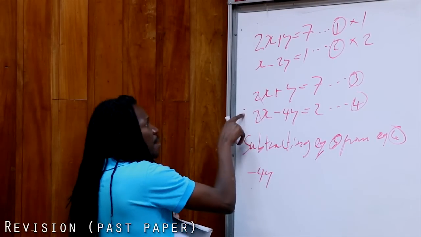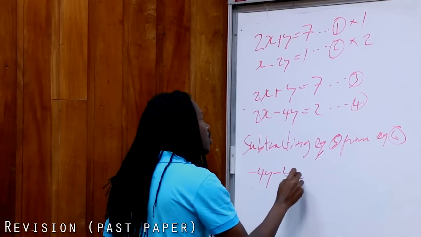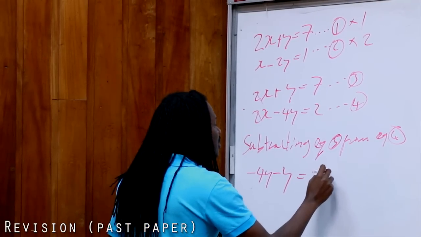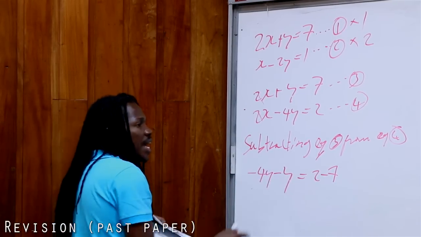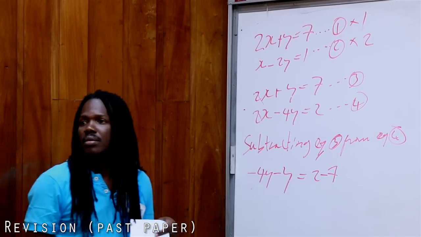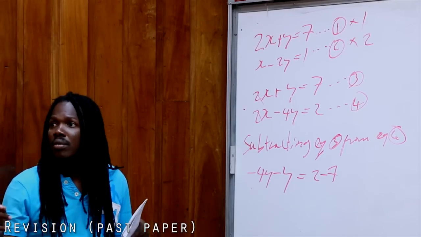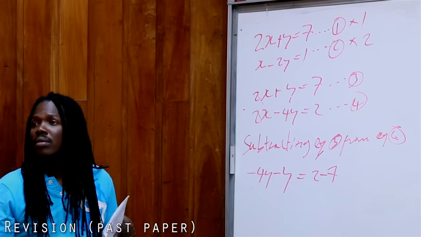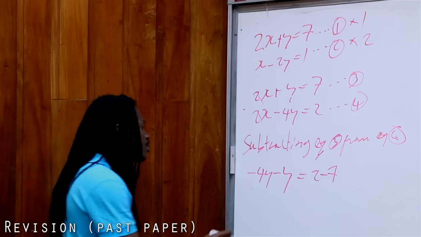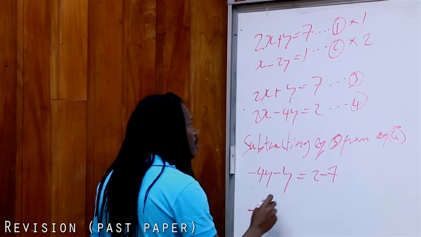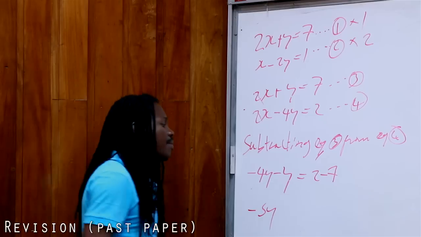So minus 4y minus positive y. So that just gives minus y. And then now equal to 2 minus 7. Minus 4y minus y, that be what? 2 minus 7, yes. Minus 5y.